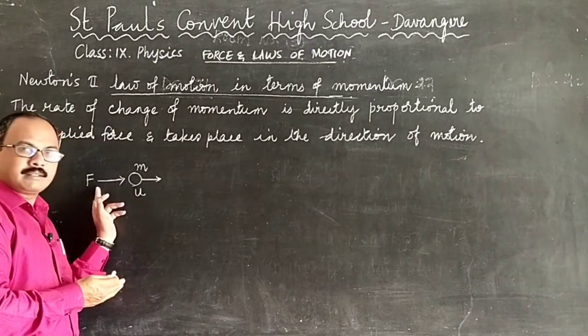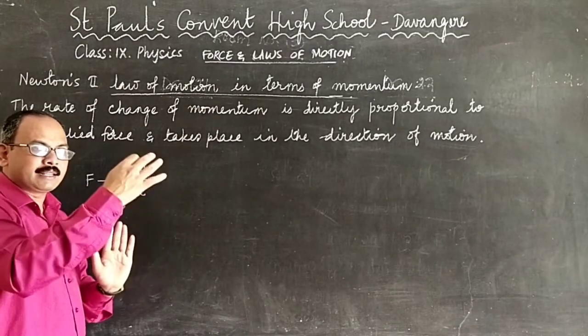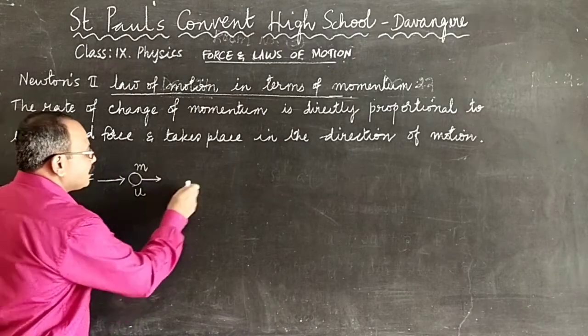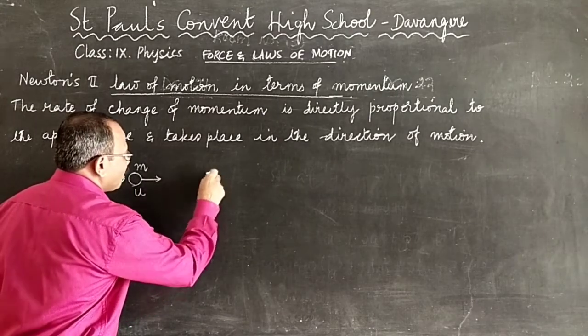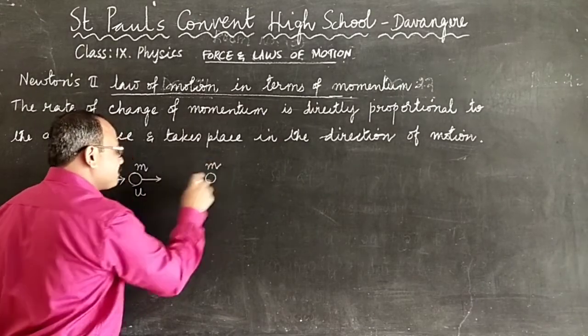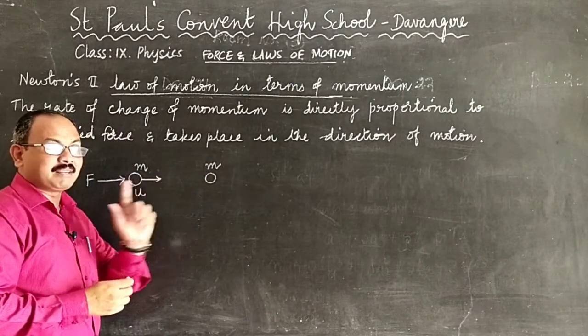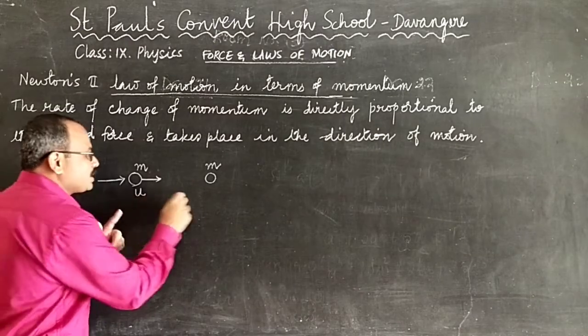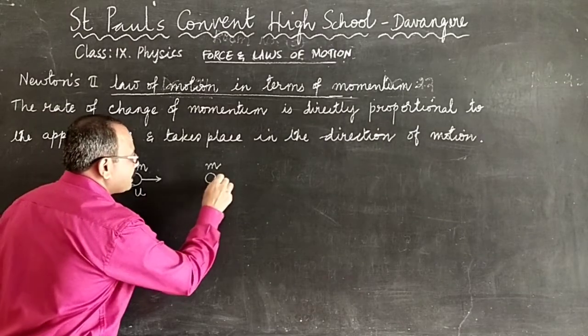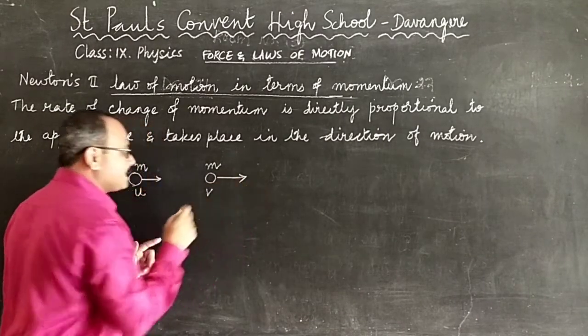Therefore, using external force, we can increase the velocity. The mass remains the same and will not change when force is applied, but the velocity changes. Initial velocity became final velocity. It moves in this direction.